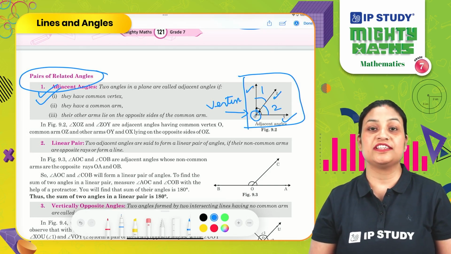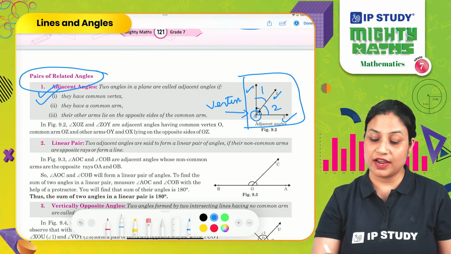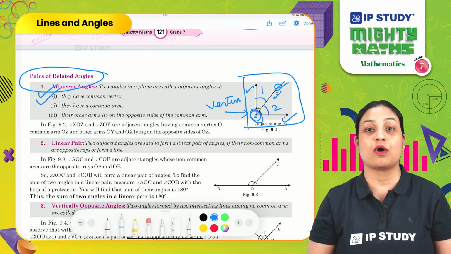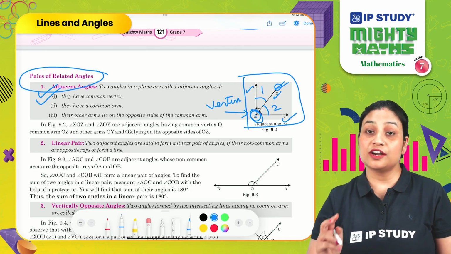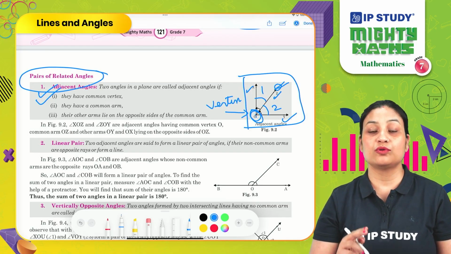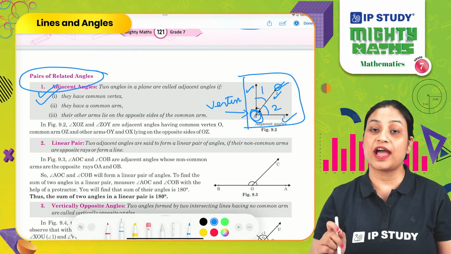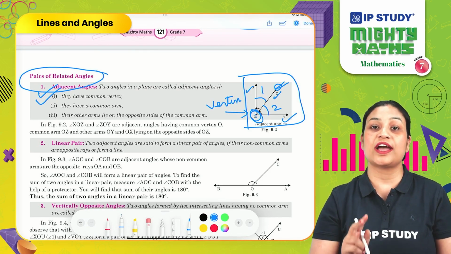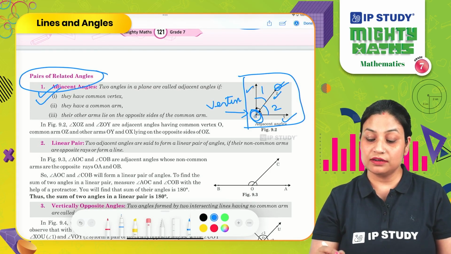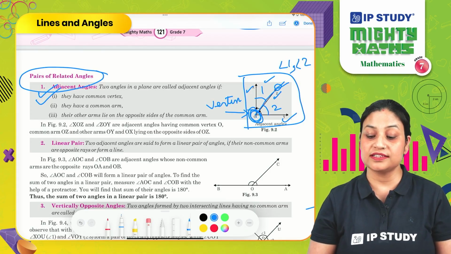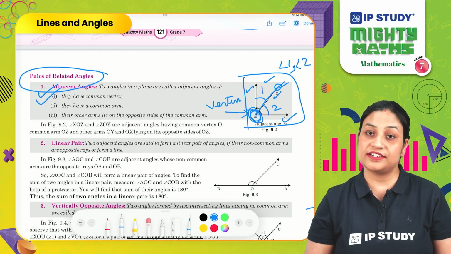What is common between these two angles? The first one is ray OZ, right? This ray OZ is common between these two angles and this vertex is also common between these two angles. So there are two conditions for angles to be adjacent. When two angles have a common vertex and a common arm, then the two angles are said to be adjacent angles. So here angle 1 and angle 2 are adjacent because they have a common vertex O and a common arm, that is OZ, right? So these are adjacent angles.